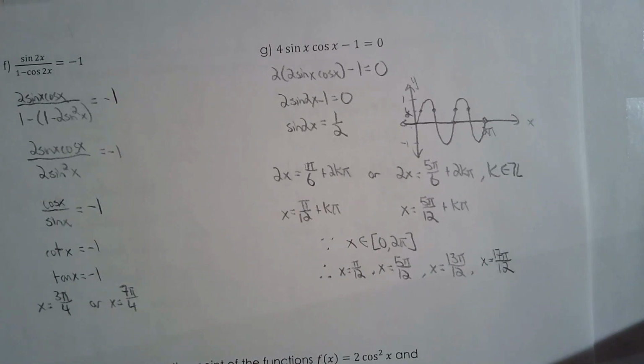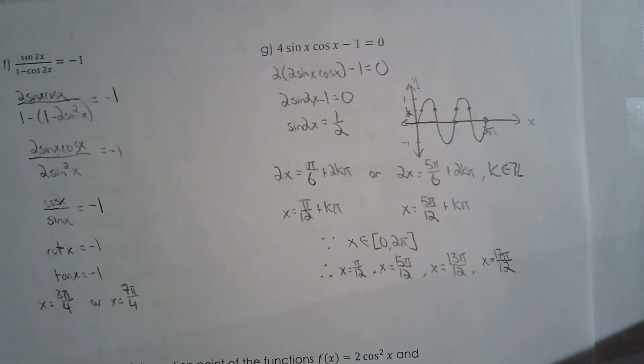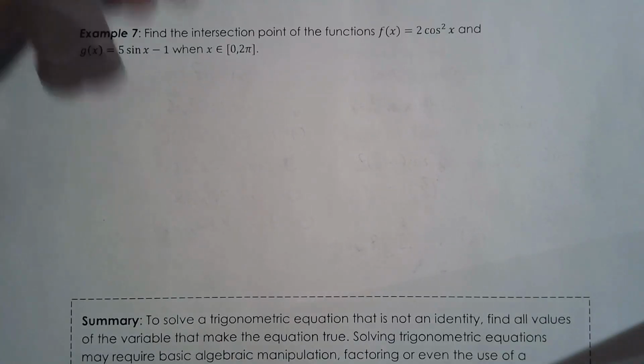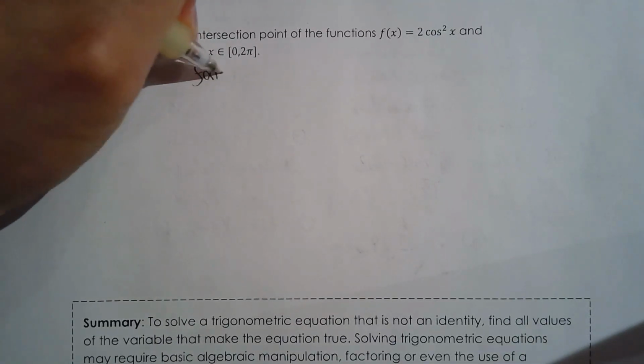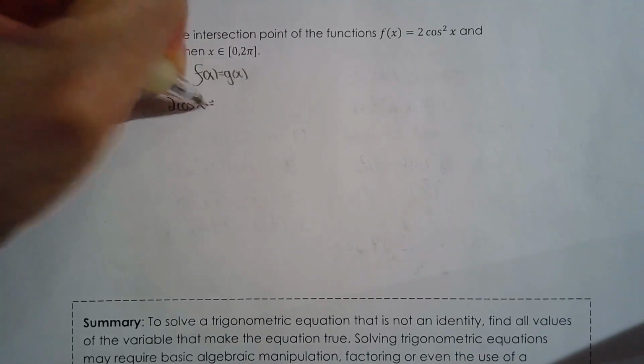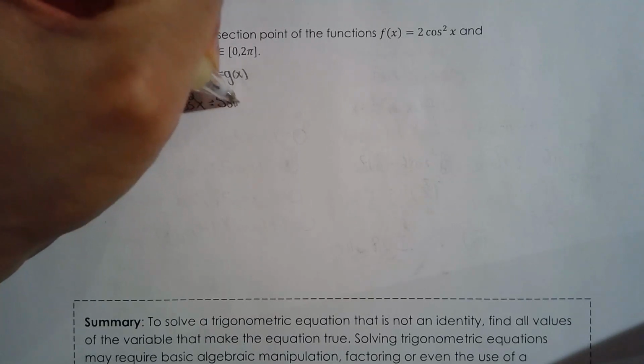Okay, for the last example here, I'm trying to find the point of intersection between f of x and g of x. So let's set f of x equal to g of x here. So 2 cos squared x equals 5 sine x minus 1.